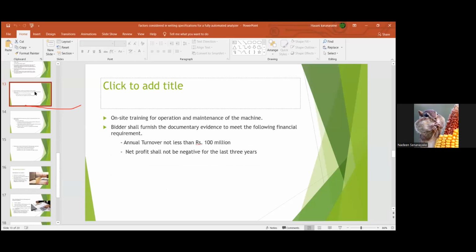As I have told you before, on-site training for operation and maintenance of the machine is necessary and a must.